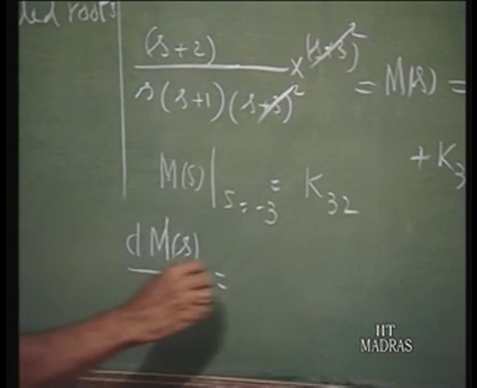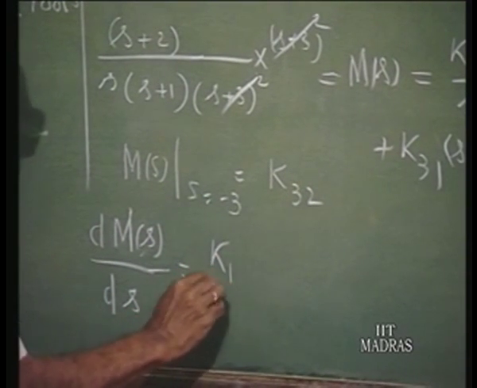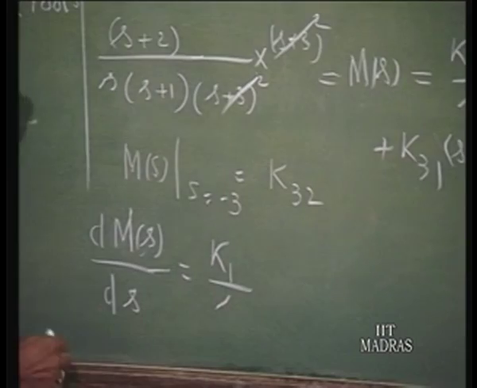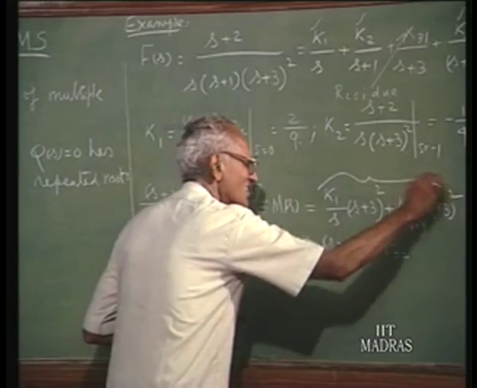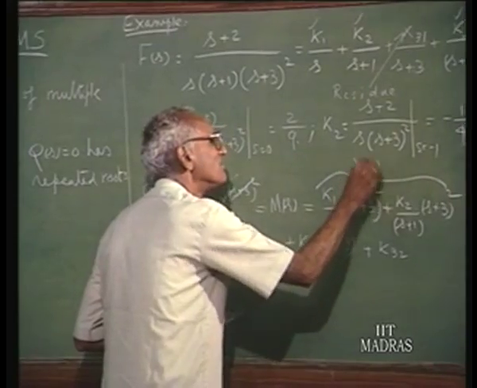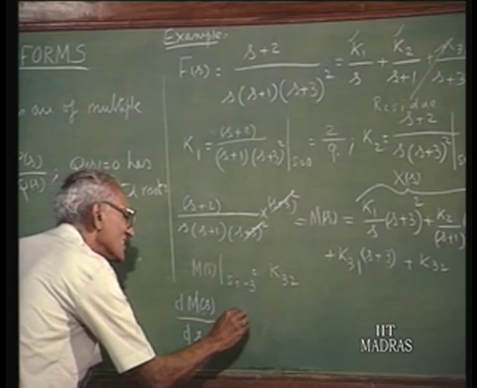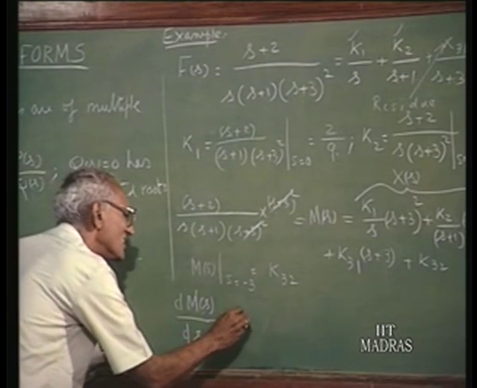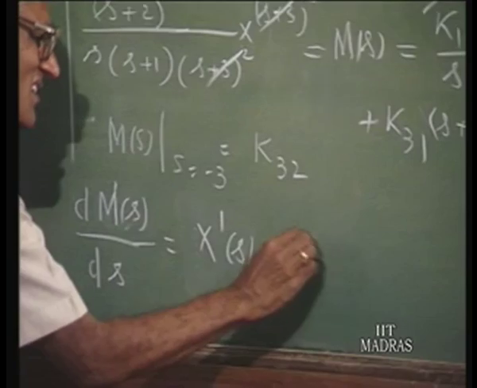equals k1, I'll simply put, suppose I call this x of s, I have x prime of s plus k31.